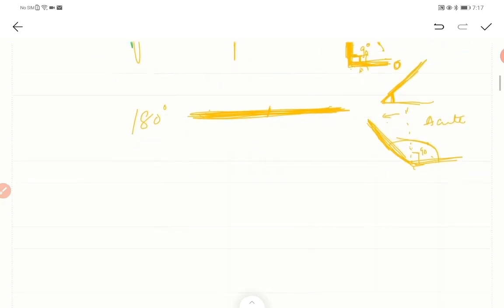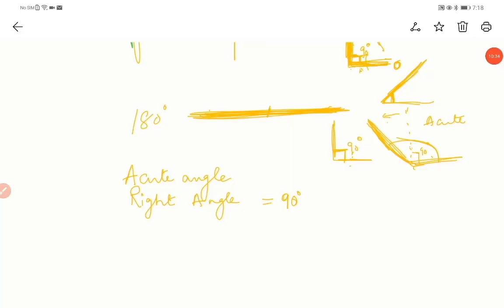Remember, first is acute angle. Next, you need to remember the right angle. What is a right angle? The straight line form of an angle, this is called 90 degrees, that is a right angle. Right angle means if the angle is 90 degrees, then you call it a right angle.